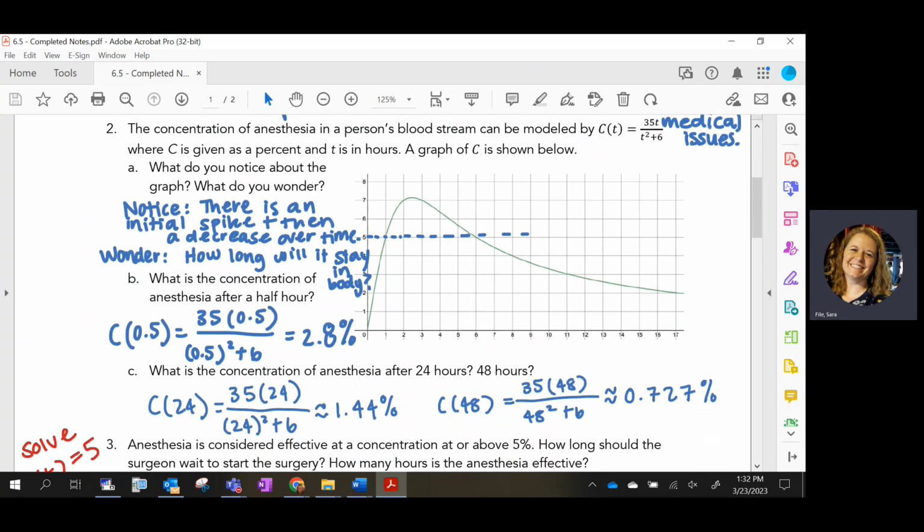All right, on number 2, it says the concentration of anesthesia in a person's bloodstream can be modeled by C of t equals 35t over t squared plus 6. So in this rational function, does the numerator or denominator dominate the function? Which one's larger? Degree. This one's the denominator. Okay, in the second example we did in the quick notes, they were equal.